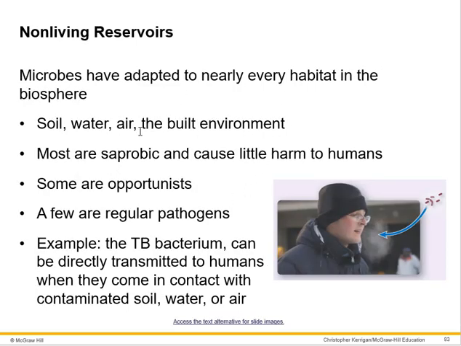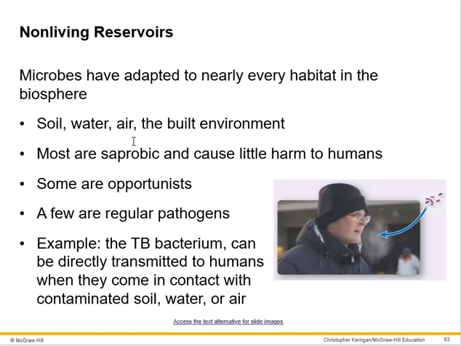Non-living reservoirs. So we've talked about the living reservoirs, and those are carriers, vectors, and zoonosis. Those other ones were living. Non-living would be water, soil, air, food, so they're non-living things. And microbes have pretty much adapted to all these different habitats.